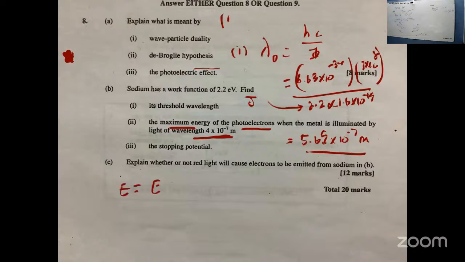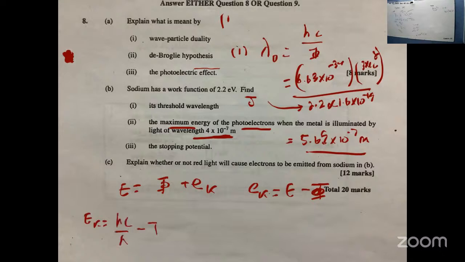Look at the first equation I gave you, and that will help you find kinetic energy: the energy of the incident radiation minus the work function. So how do we get the energy of the incident radiation? It's easy: hc on lambda, minus the work function. Everything has to be in electron volts.